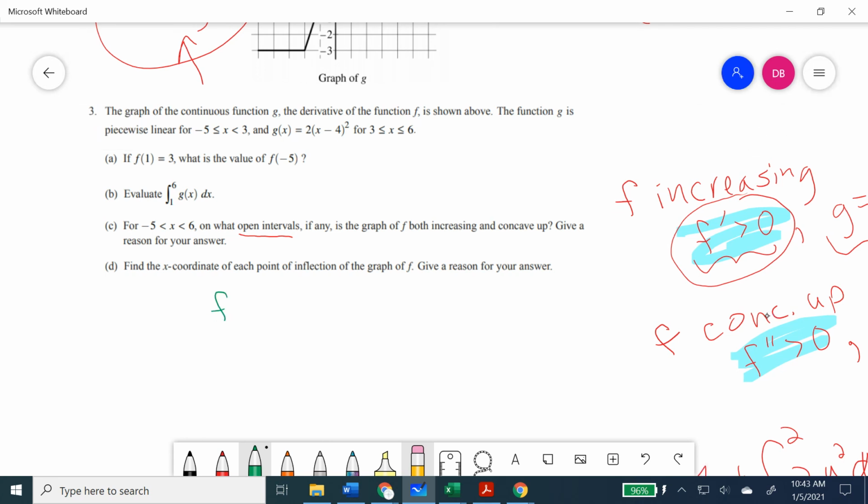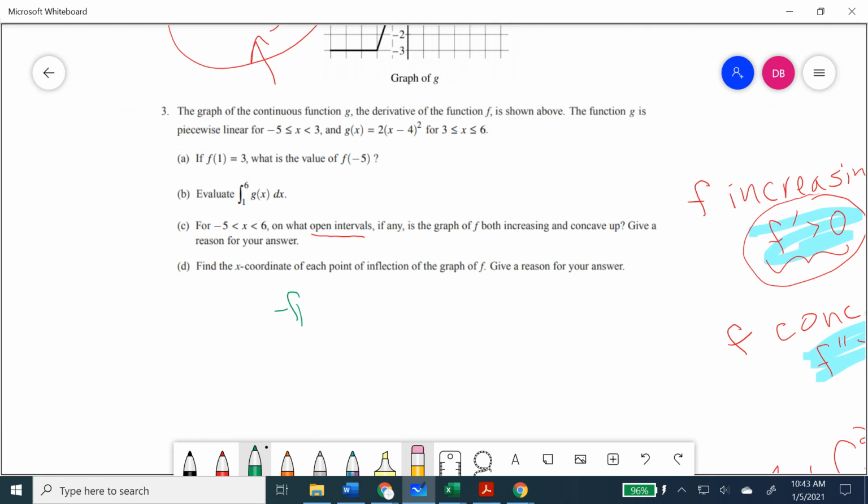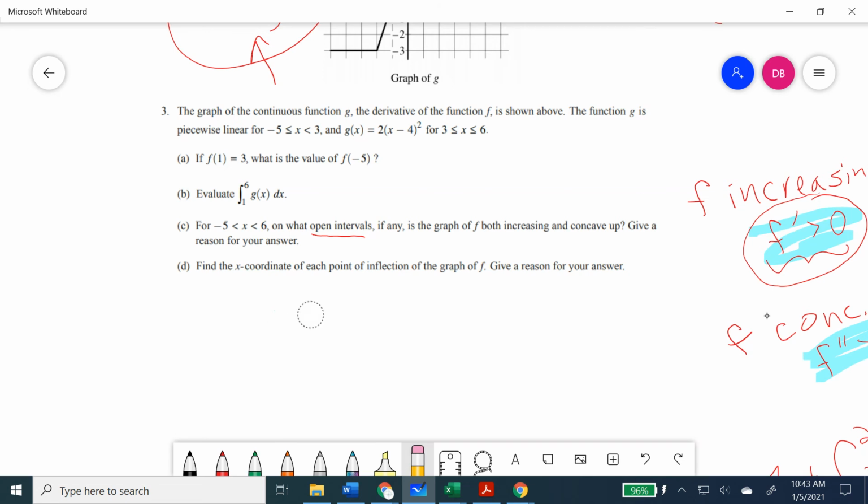F has a point of inflection when f double prime changes sign. That is the big thing you are looking for.